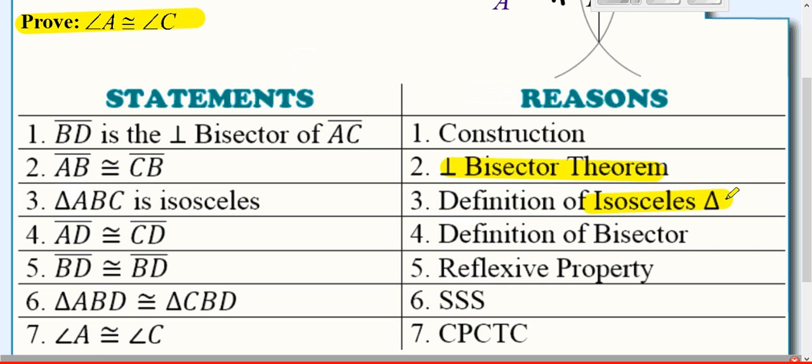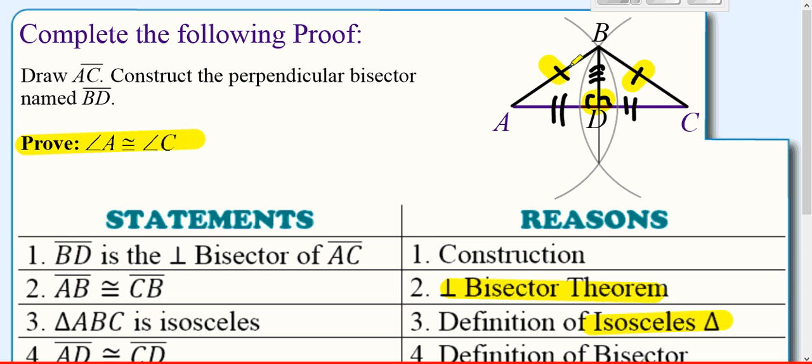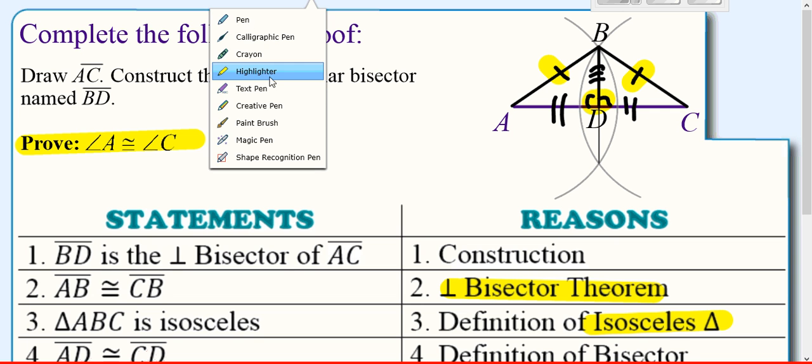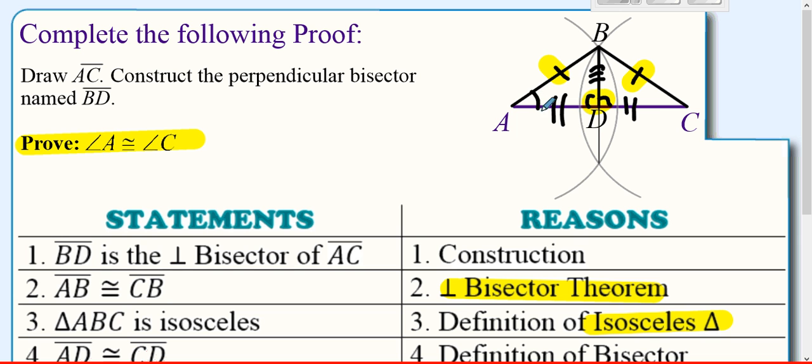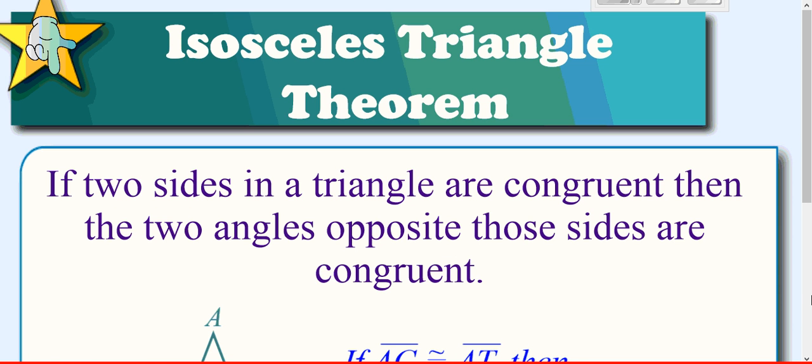We know it's an isosceles triangle because these sides were congruent. And we just proved that those angles are congruent. That's actually a theorem called the Isosceles Triangle Theorem.